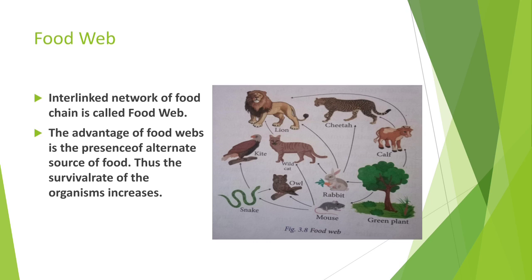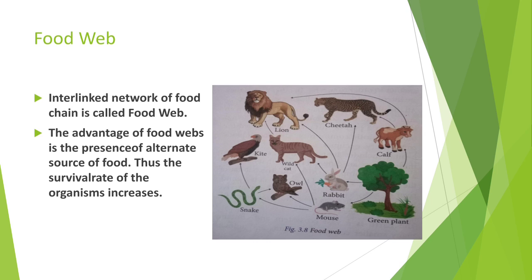There are some animals that have options, like they can eat any of several animals. So they are an interlinked network of food chains. Depending upon the food, there is a relationship in nature.